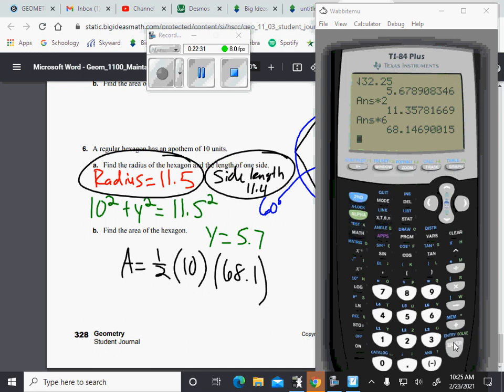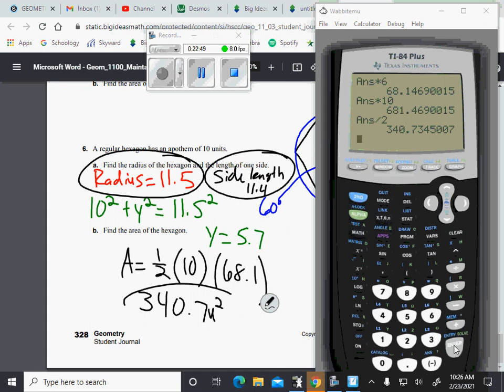And that's how we find our area. That is a tough problem. Should get 340.7 units squared. Tough problem.